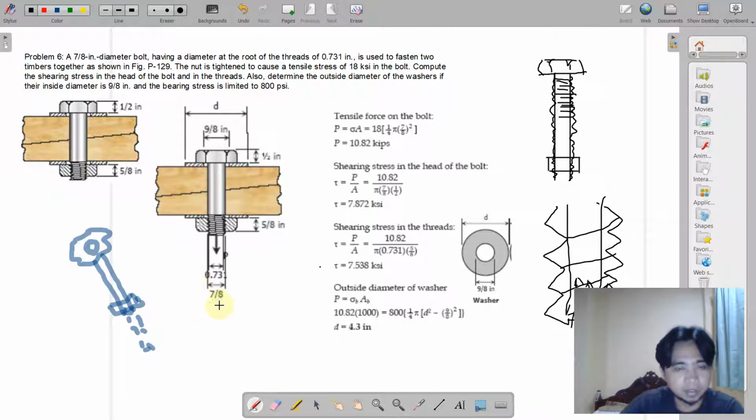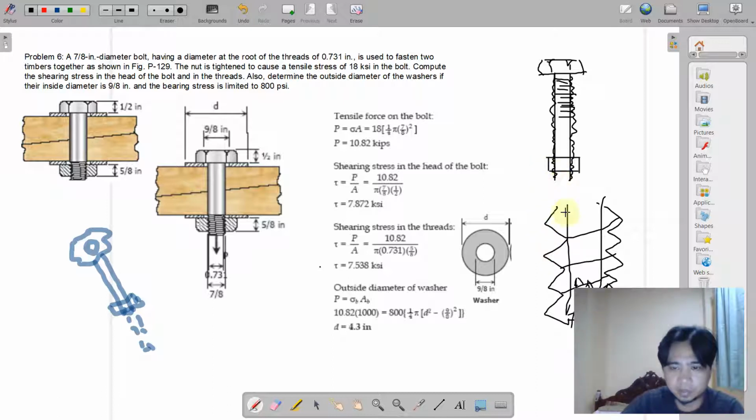The inside diameter of the washer is 9/8 inches, and the diameter of the shaft of this bolt is 7/8 inches. 7/8 inches is the overall diameter, including the tooth of this thread.